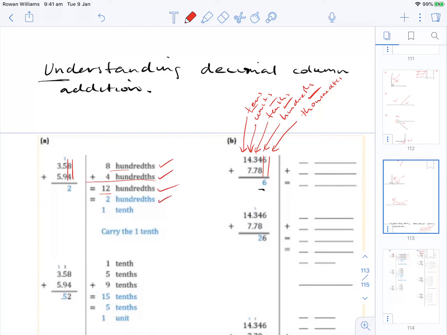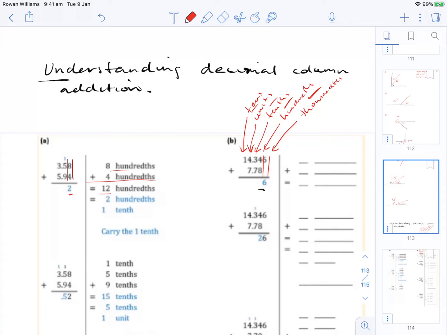Then they put down their 2, which is the hundredths part, and then they have to carry, because once you put together a bundle of 10 hundredths, you end up with a tenth. So then they've carried the one, because once we've made 10 of something, it has to go into the column to the left. So we'll run through this now with this.